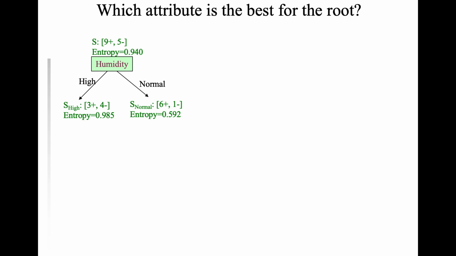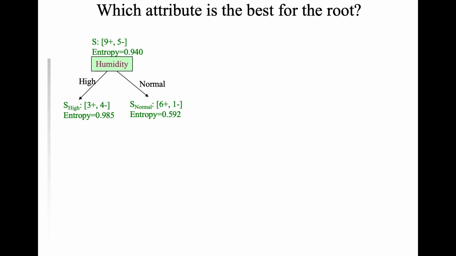Entropy S at the very beginning is when we say, okay, 9 instances belong to class yes, and 5 instances belong to class no, and we calculated entropy. So this calculation was based on the whole set of data, right? Am I clear? Okay. So this was based on the whole data.